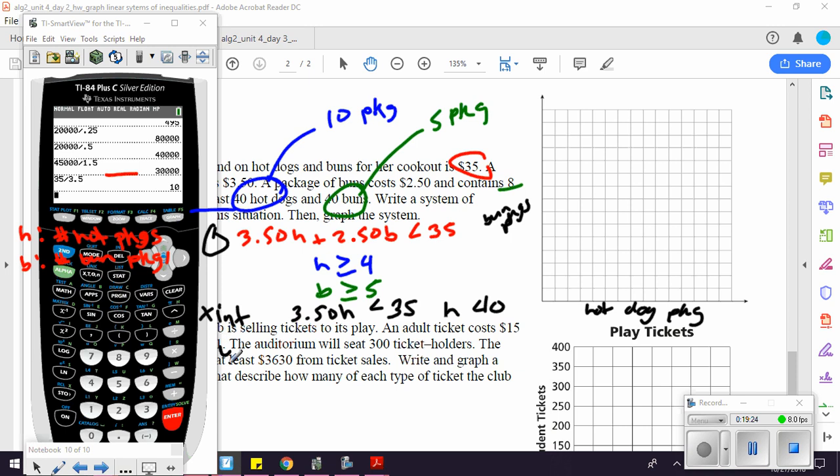To find the y-intercept, we're going to solve 2.50b less than 35. So we're going to divide 35 by 2.50 now. That's 14.